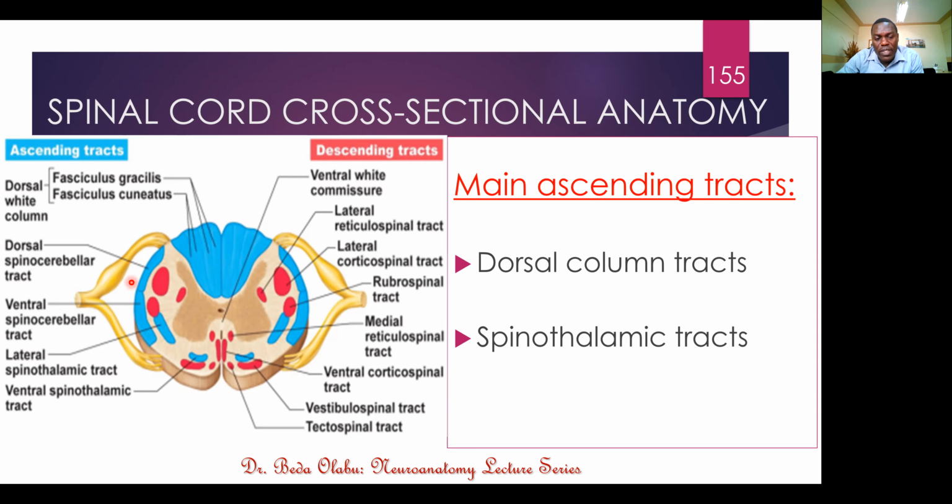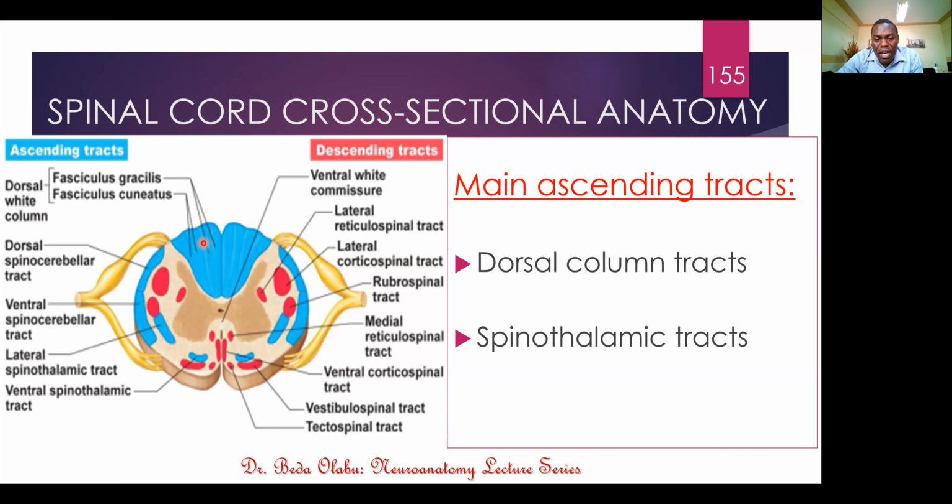So if I'm saying that spinothalamic tracts are second-order sensory neurons, it means they have already decussated, which means if they're carrying sensations regarding pain, temperature, touch, and pressure, those sensations, even though this tract is on this side of the spinal cord, are from the opposite side of the body because these are second-order sensory neurons.